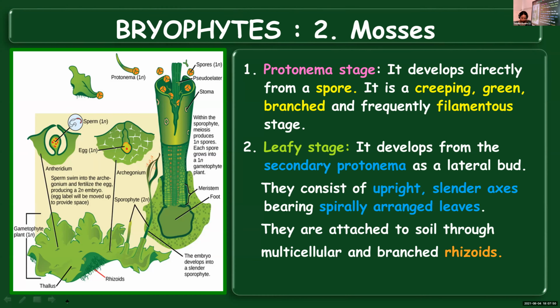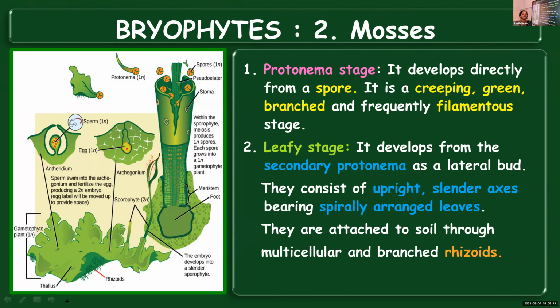So I'll repeat the points again. And one more point, it is in the leafy stage that you can find sex organs. The sex organs are also produced in the leafy stage. Once again, in mosses, the gametophyte is the main or predominant stage.